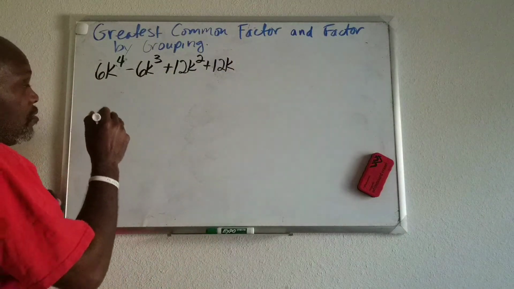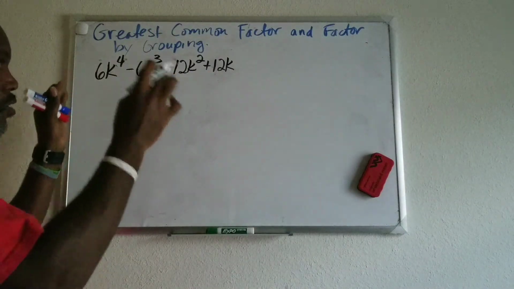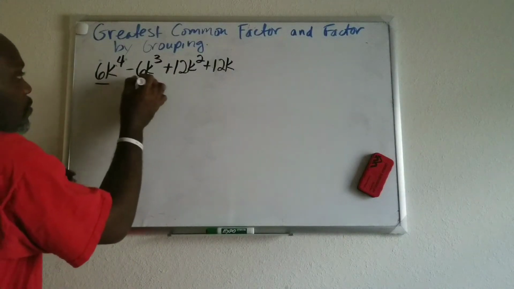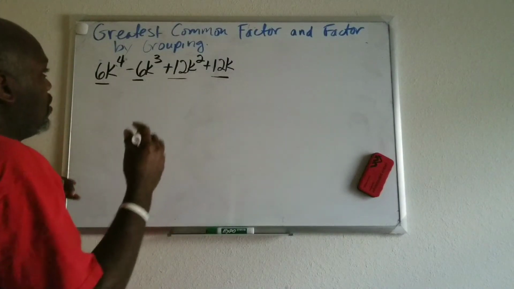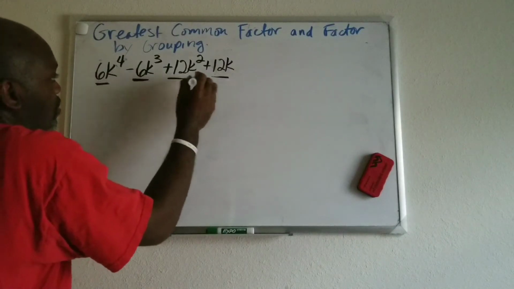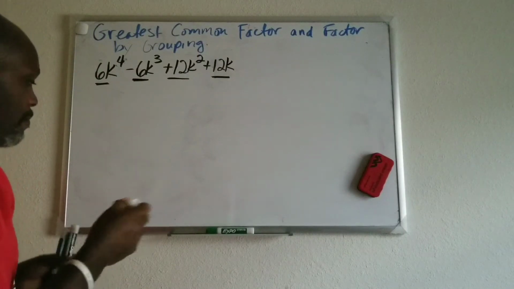First thing you want to do: you see that it's 4 terms, and you want to group automatically. But the one thing you want to do is factor out the greatest common factor. Sorry about the lighting down here. The sun changes every now and then, or clouds come in. All right.